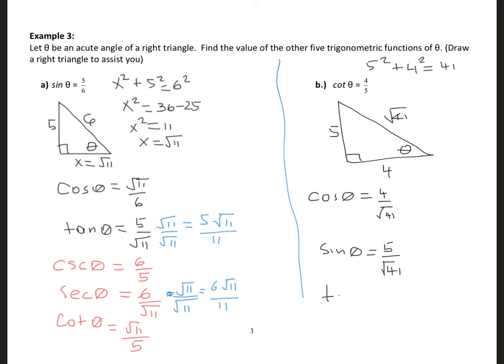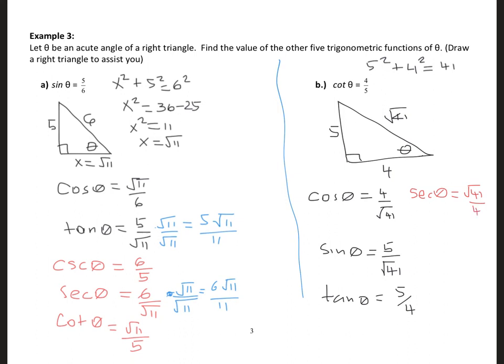And then tan of theta is equal to 5 over 4. Let's get the other ratios, the reciprocal functions. Secant of theta is equal to square root of 41 over 4.